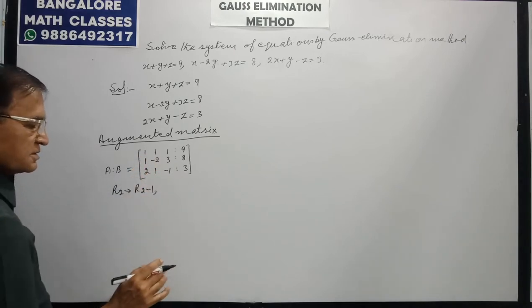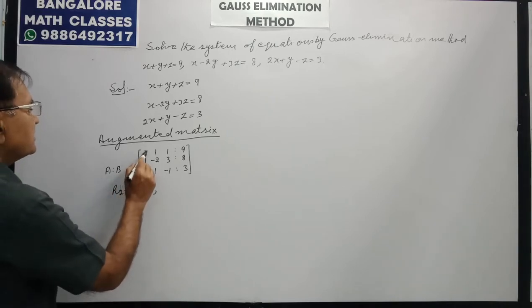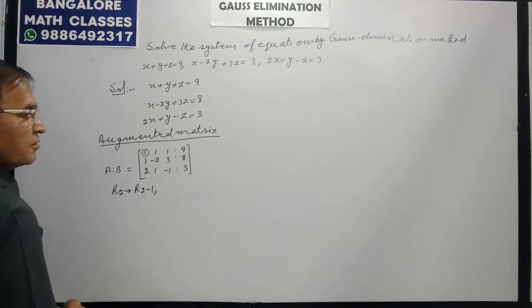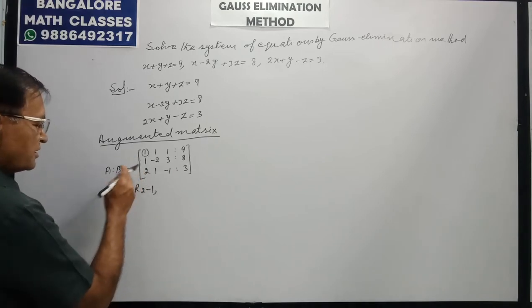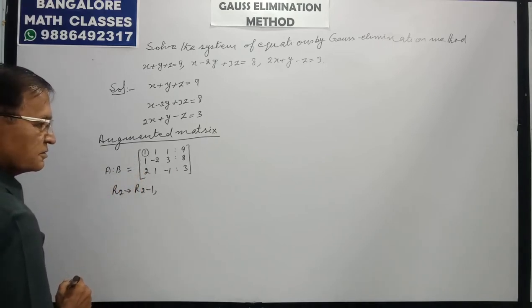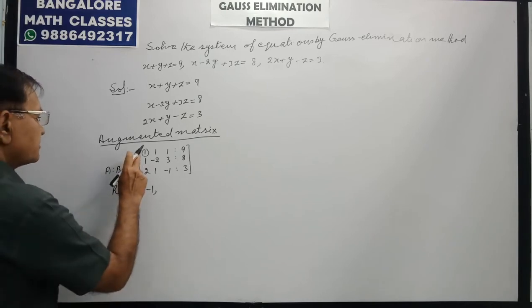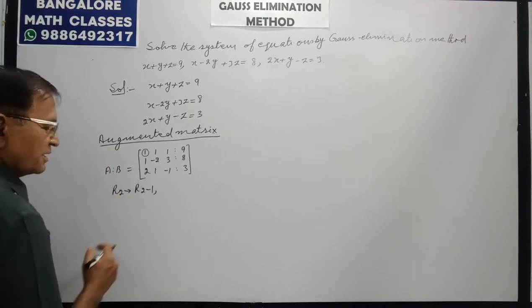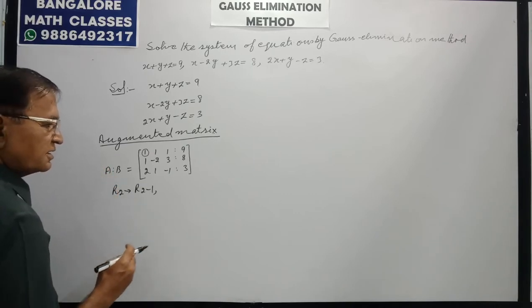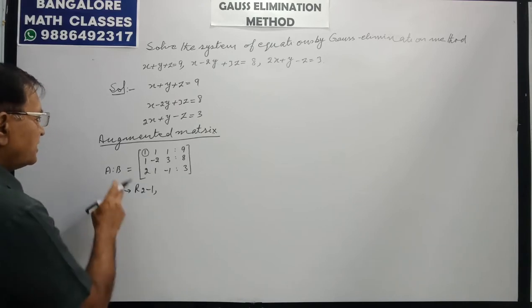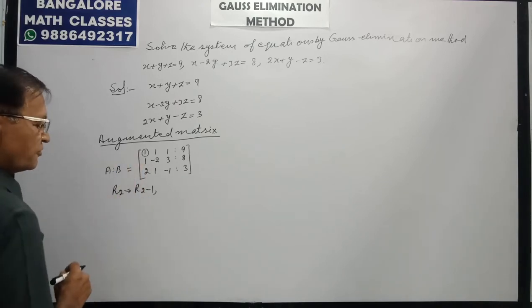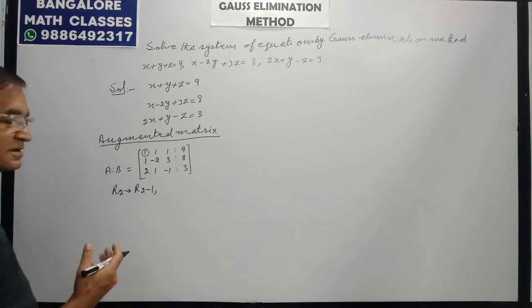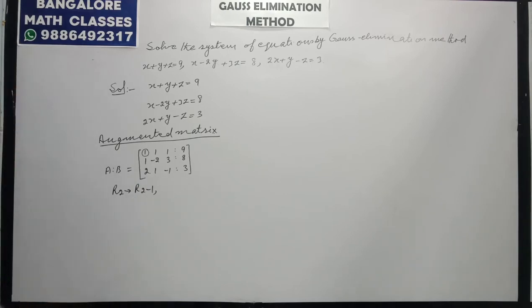Our general tendency is to keep the leading entry 1, either by rearranging the rows or some other way. Strictly it should not be 0. Other than 0 may be possible in some cases, but our general tendency is to keep the leading entry of the matrix as 1.